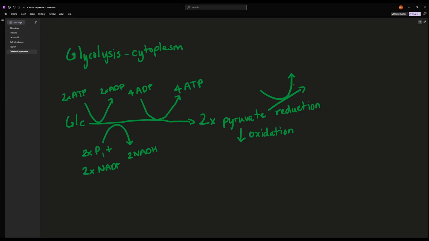fermentation, where we're going to take our NADH and oxidize it back to NAD plus, and in the process, we are going to make lactate or lactic acid or ethanol.